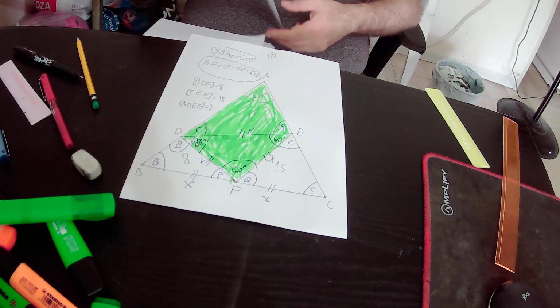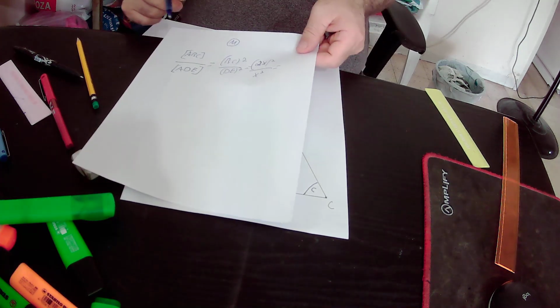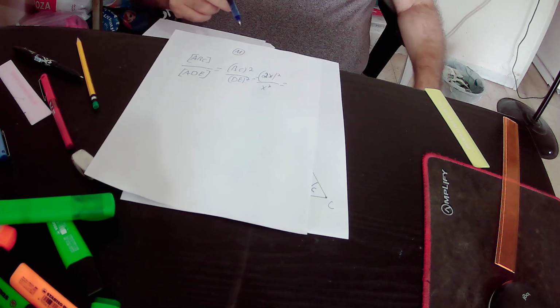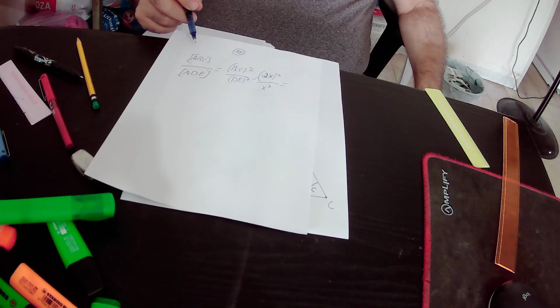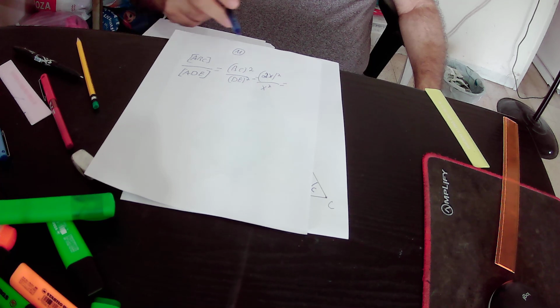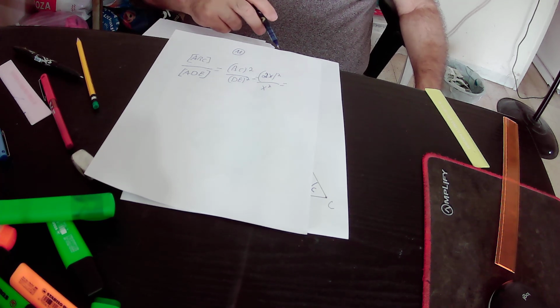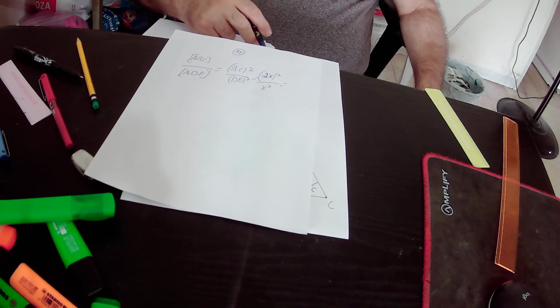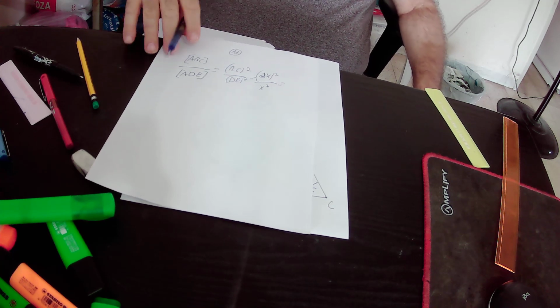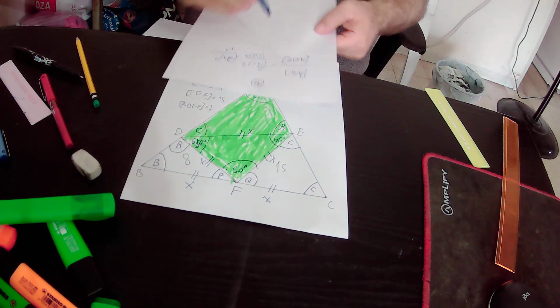So in total we got that the area of triangle ABC over the area of triangle ADE equals 2x squared over x squared. 2x squared is 4x squared over x squared. 4x squared over x squared is 4. Okay, 4.